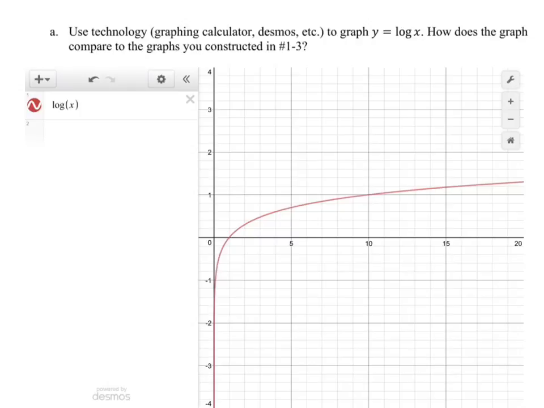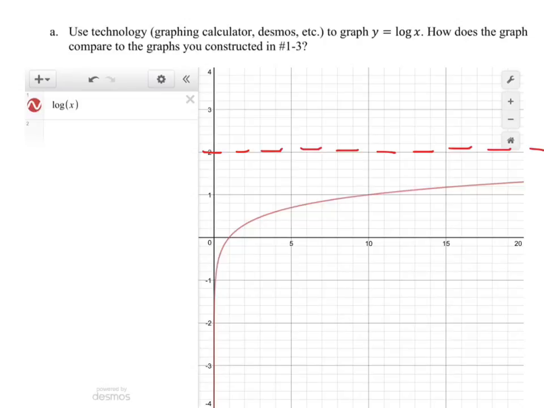We should notice that it's growing a lot slower than log base 2, log base 3, and log base 4. All three of those reached 2 before I got an input of 20. Log of x is going to have to go all the way up to 100 before it even gets 2.